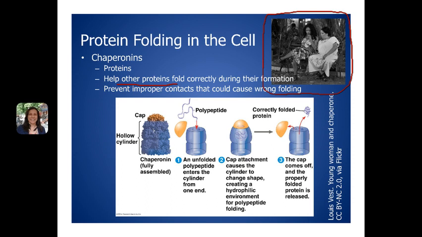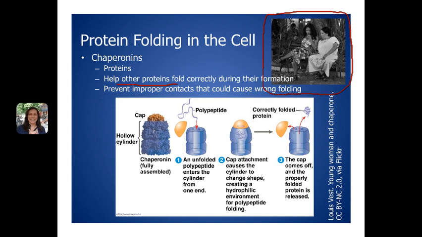Her job was to protect this young lady from possibly improper contacts with other people, and to keep her safe and make sure that she develops into a young lady of society and everything goes correctly. There's a little bit of humor in there, but you can see how the function of this particular protein has a similarity to that. It protects the newly made proteins when they are in a vulnerable state from getting improper contact, say with water or with other proteins, and getting folded in the wrong way.